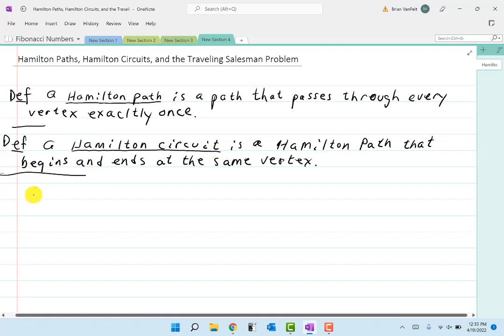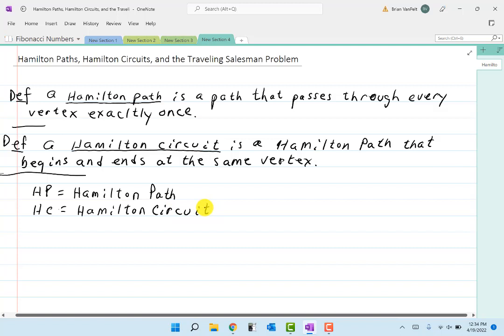Throughout the rest of this, I'm going to do this: HP will equal Hamilton path, and then HC will equal Hamilton circuit.